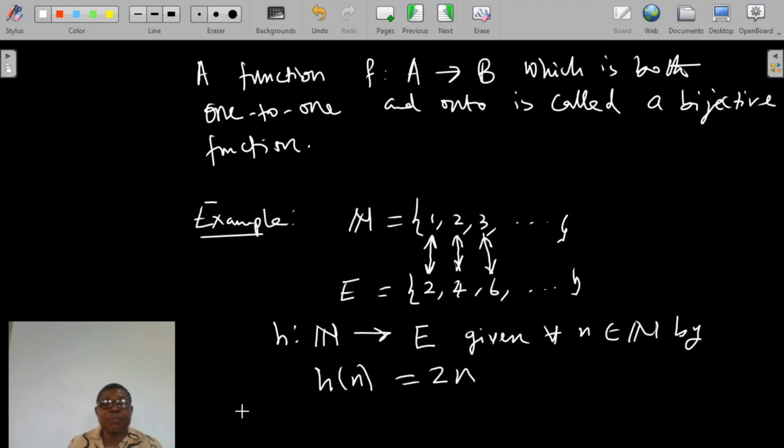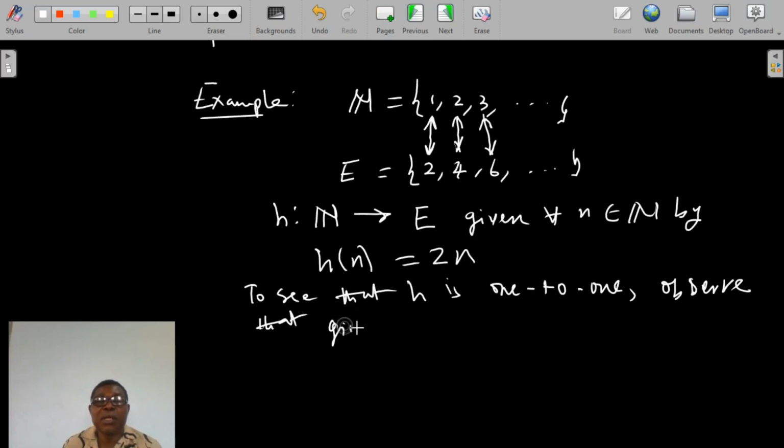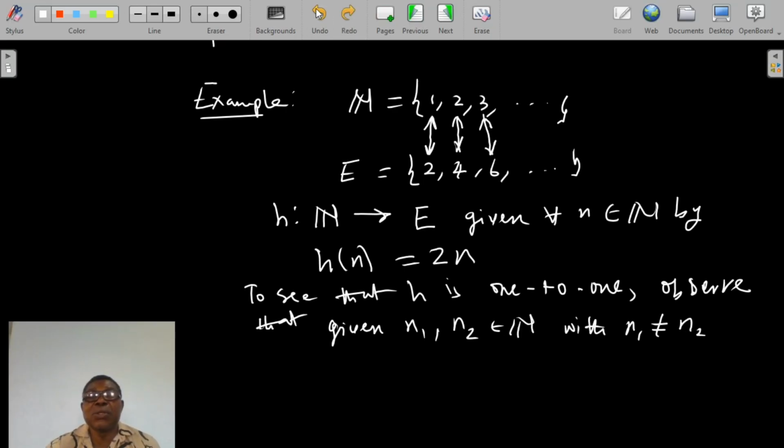This is because, to see that h is one-to-one, we can observe that given n1, n2 in N with n1 not equal to n2, it is clear that 2n1 is not equal to 2n2.